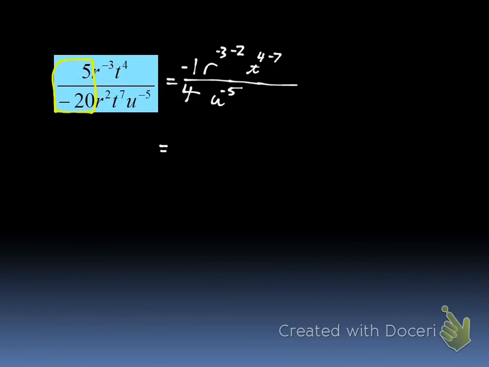So, what's -3 minus 2? -5. So R gets a -5 exponent. What about T? It gets a -3 exponent. Let me move this away from the denominator just a little bit. There we go. Over 4, u still to the -5th.